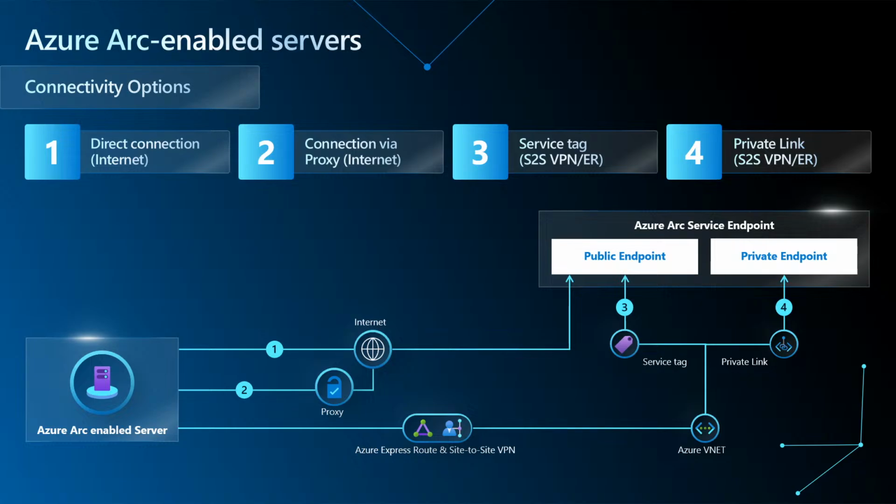It doesn't necessarily become peered to that VNet as such, but it would communicate that way into your VNet. So hopefully that explains the networking, but ultimately your Azure Arc agent needs to be able to communicate with the Azure portal inbound and outbound. As I say, there's three options you can use: the public internet, a proxy through the internet, or your ExpressRoute or site-to-site VPN coupled with private endpoints through your VNet.